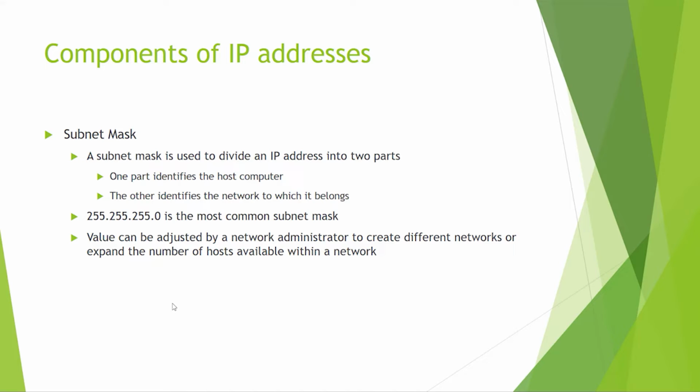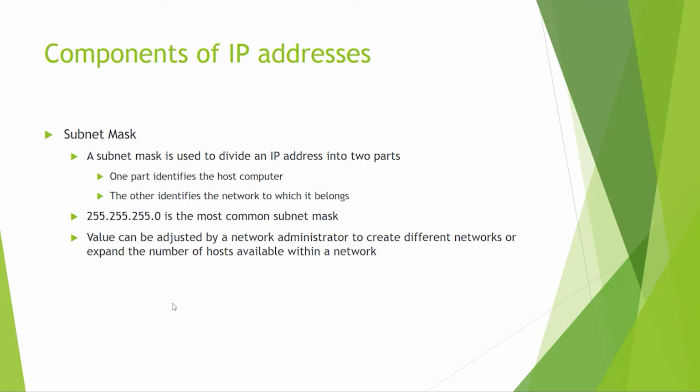So the subnet mask. We've talked about this in passing a little bit. This is again something that you would control if you were doing network design from a server standpoint and you wanted to control how many devices were possible on your network or how many what we call subnets are available. You create subnets when you want to have virtual networks that are separate from things within the same group of connected computers.